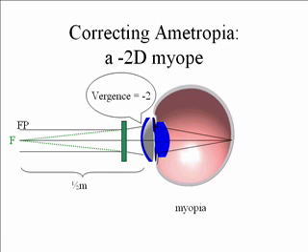And we'll be talking about this a little bit later on, but I want you to understand the concept of vertex distance, which is the distance between the eyeball and the correcting lens, and the idea that we can always solve for the appropriate power of the lens by making the secondary focal point of that lens correspond in space with the patient's far point.